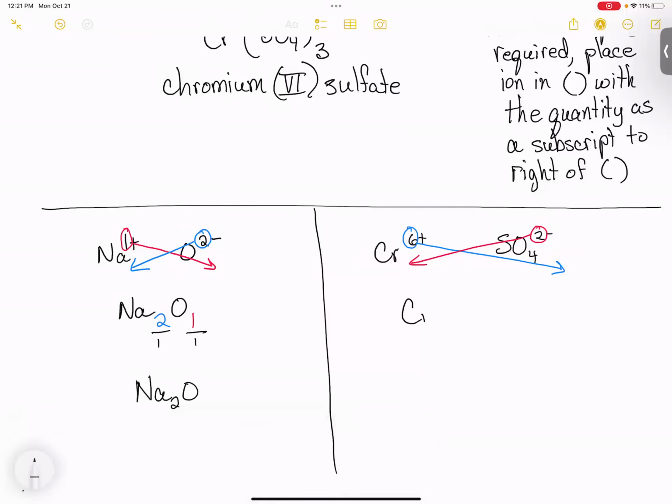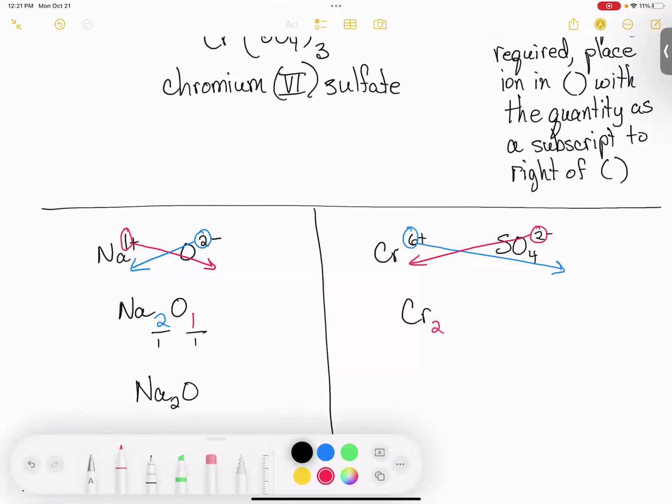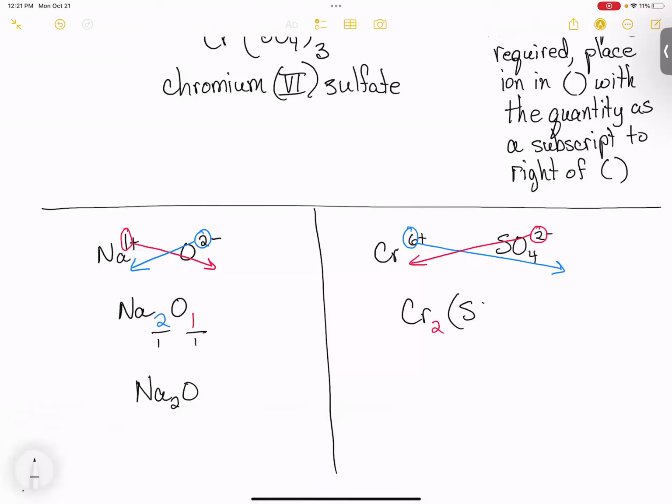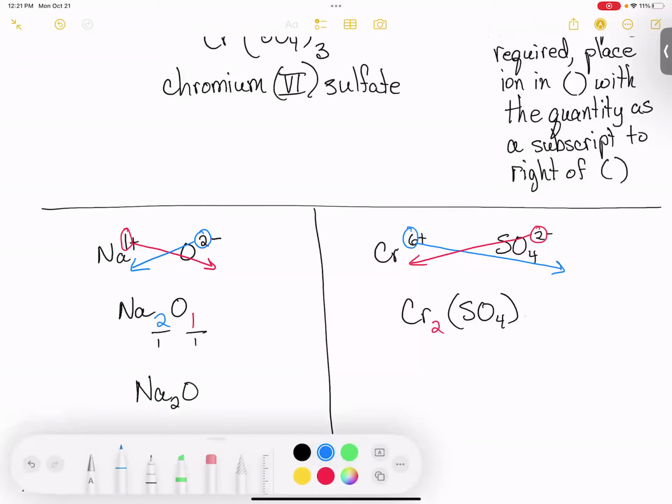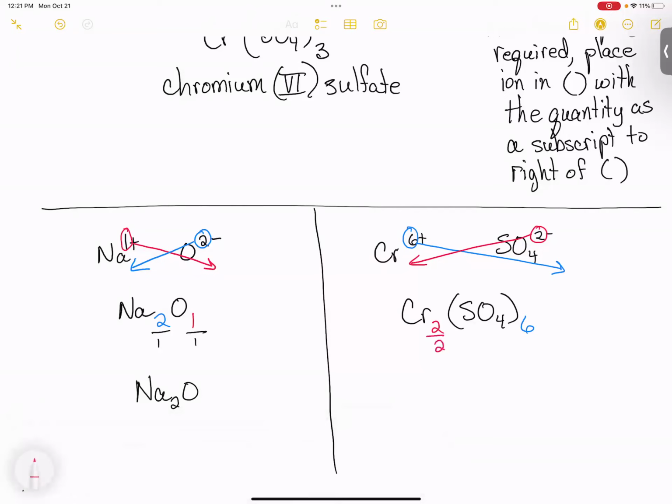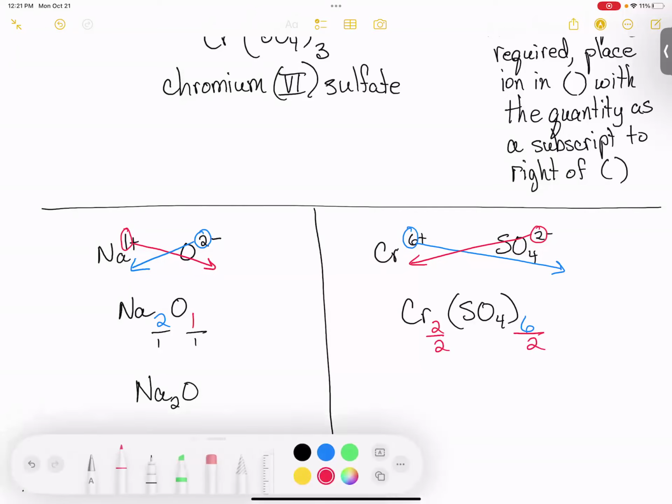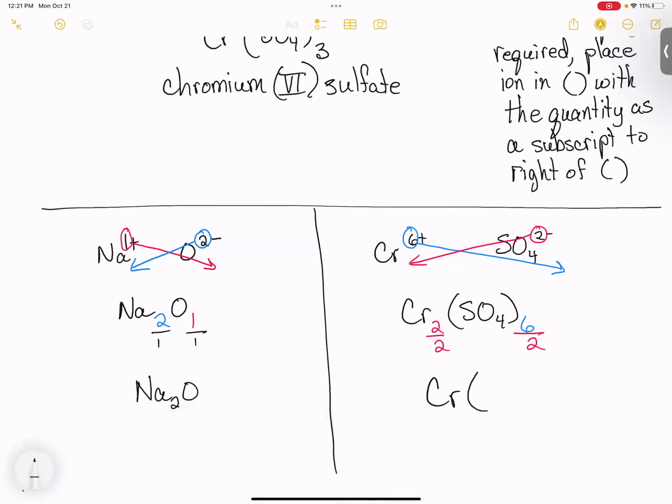In this case, we would have dropped a 2 onto the chromium and a 6 onto our sulfate. Both of these are divisible by 2, so we must do so. Therefore, the formula is Cr2(SO4)3.